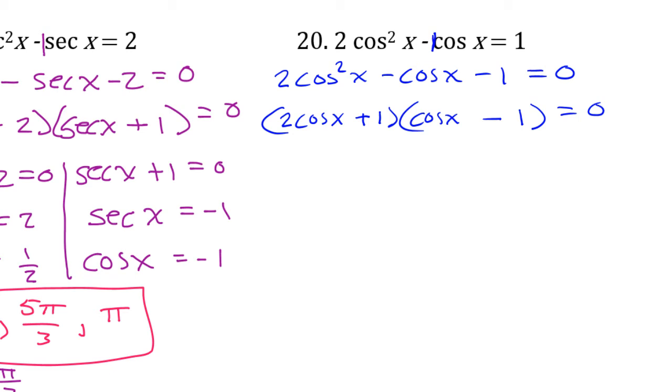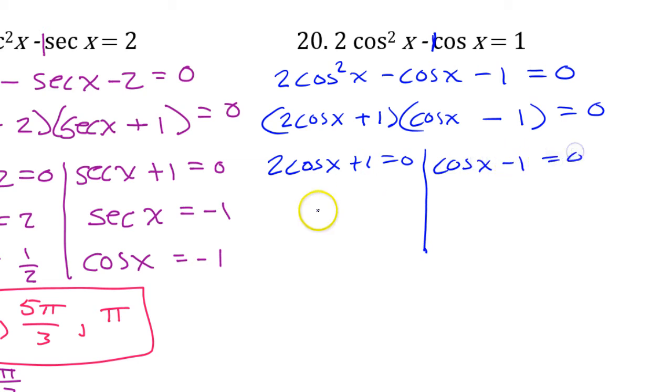Next, we will use the zero product property to set each one of these factors equal to 0. So 2 cosine x plus 1 is equal to 0, and cosine x minus 1 is equal to 0. 2 cosine x is equal to -1, subtracting 1.